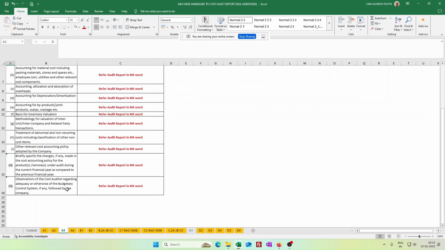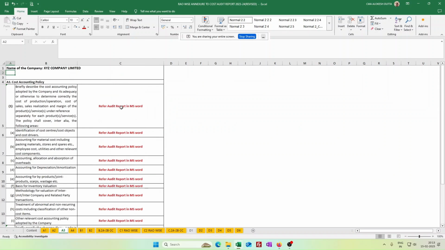Now A3 is the company's cost accounting policy. What are the points under company's cost accounting policy? First, briefly introduction, describe the cost accounting policy adopted.